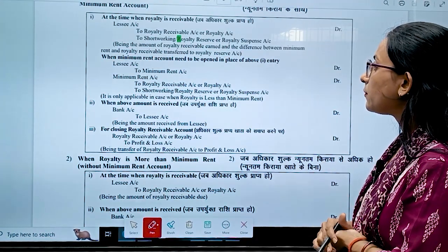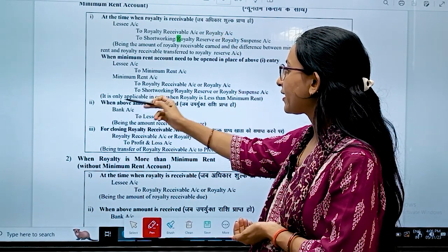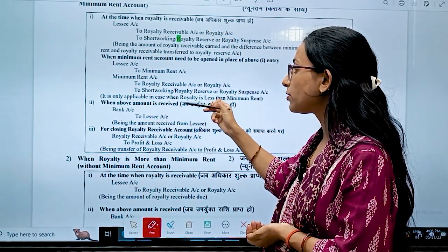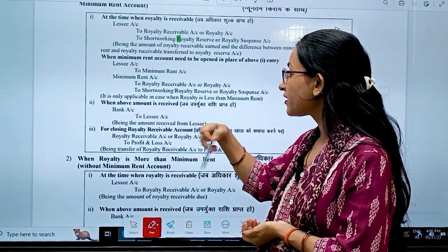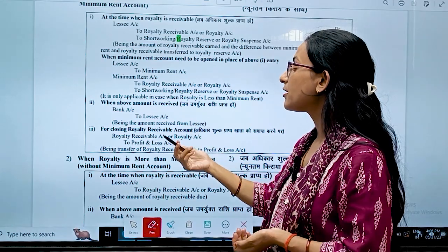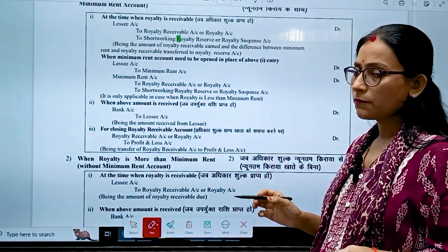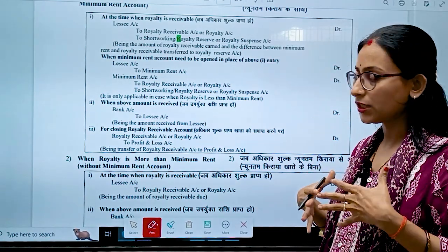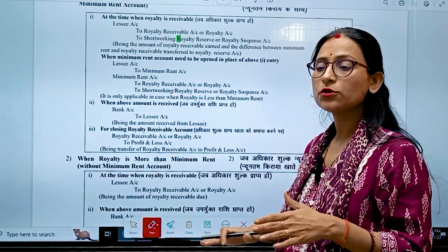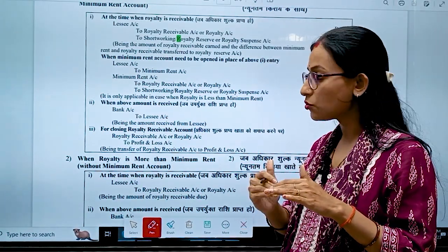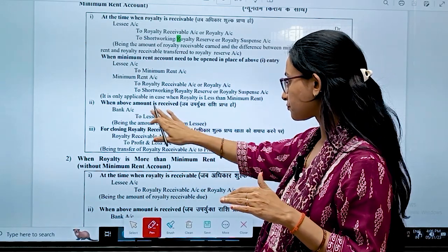This is the receivable amount entry, the due amount entry. The next entry will be the received amount entry. For receiving that amount, what entry will he pass? Bank account debit. Why bank account debit? Because he is getting the money in the form of cash or bank. The lessee is going to reduce his liability.